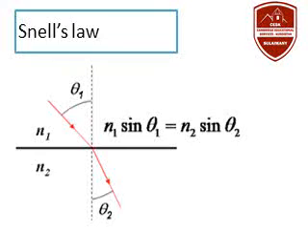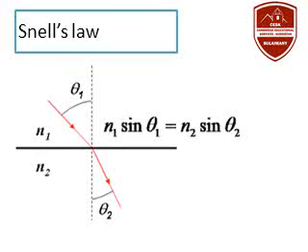If n1 equals n2, this is the same medium and there is no refraction. So we need the index of the first substance to differ from the index of the second substance.